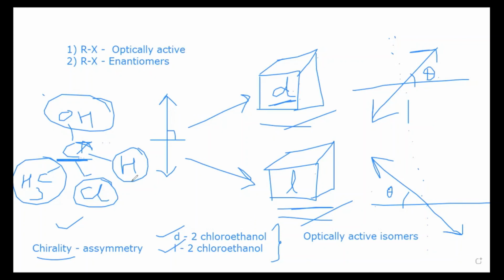What is the molecular weight of hydrogen? 1. I mean atomic weight or molecular weight, basically the unit mass. What is the mass of hydrogen? 1. What is the mass of chlorine? 35.5. What is the mass of CH3? 12 plus 3, 15. And what is the mass of OH? Oxygen 16 and hydrogen 1, then 17. All 4 are different.